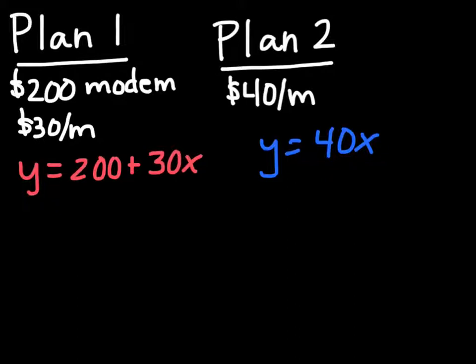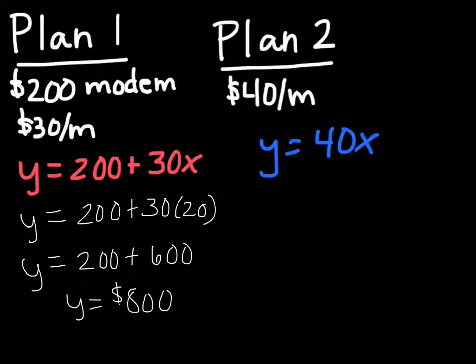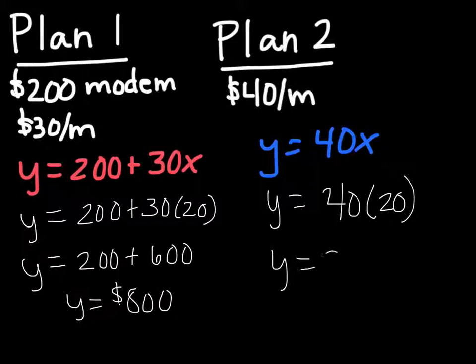If we have 20 months going here, that's where it's going to equal 200 plus 600, about $800. And over here, if x equals 20, then it equals about $800. So this will let us answer our questions, however.